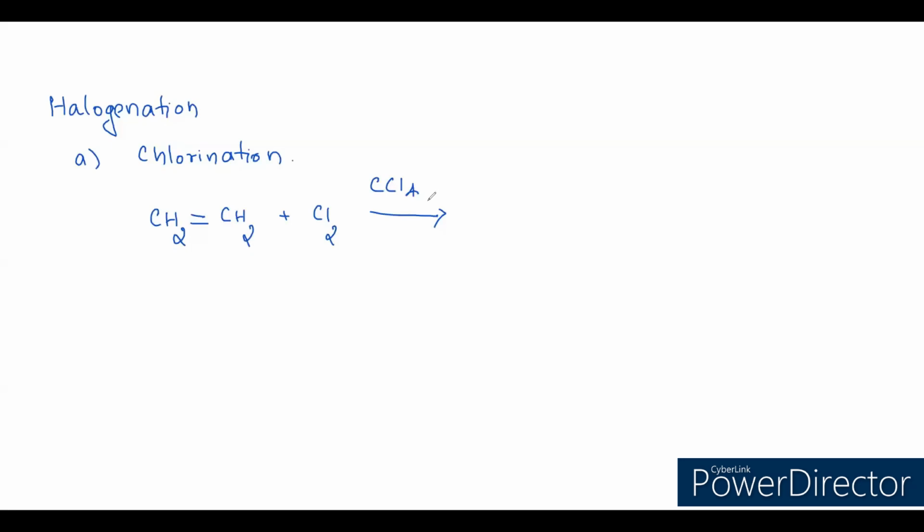Here, carbon tetrachloride, you cannot call it a catalyst. It is a solvent or medium for the reaction. In fact, you are passing the gases ethene and chlorine through carbon tetrachloride. Function of carbon tetrachloride is it is a medium for the reaction. It's an inert solvent which acts as a medium for the reaction.